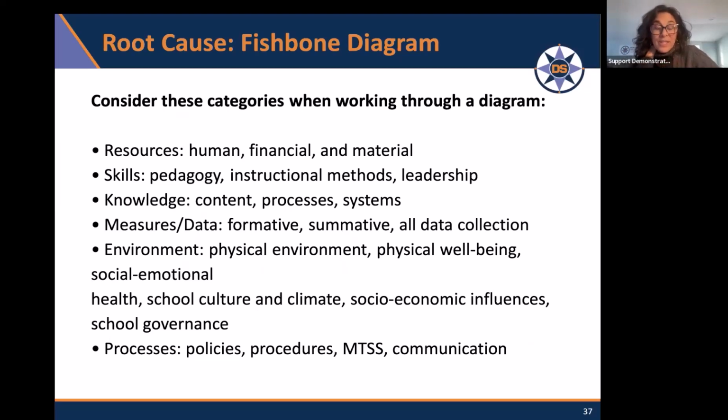This slide in particular, they recommended that you consider working through these categories.